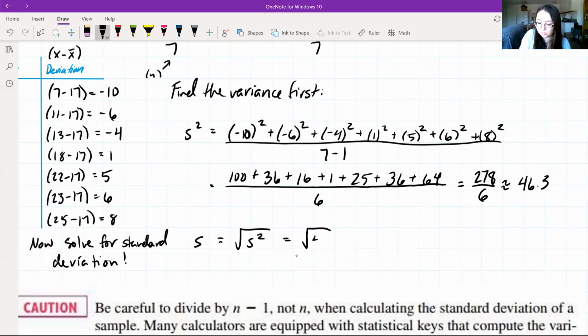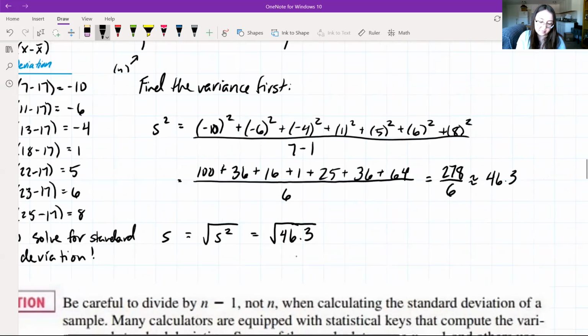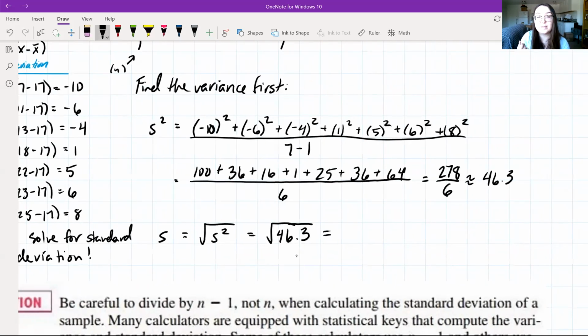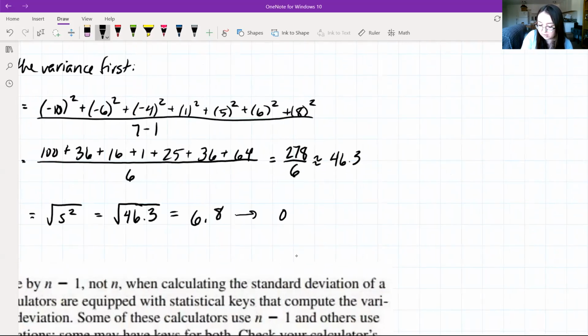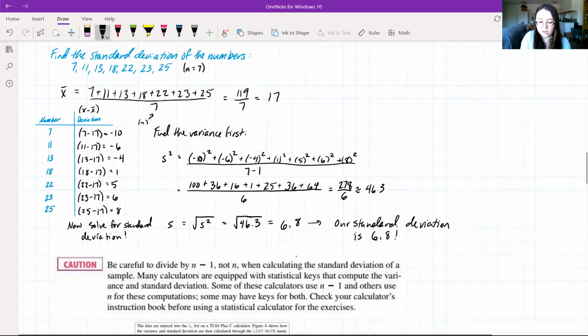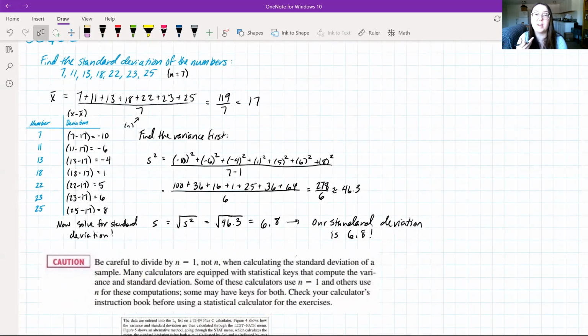So this is the square root of 46.3. Now we find this value, what we end up finding is 6.8. So we can say our standard deviation is 6.8. And your standard deviation is always just going to be a value. There's no units to it, it's just a number.